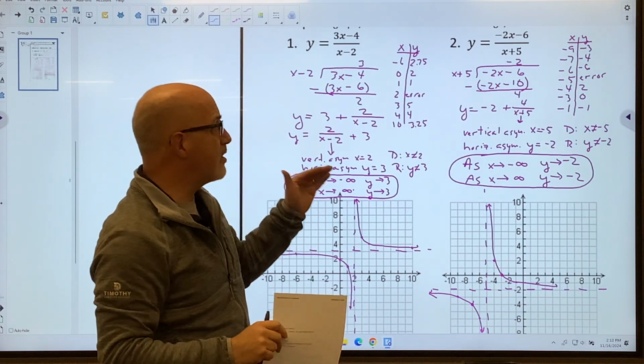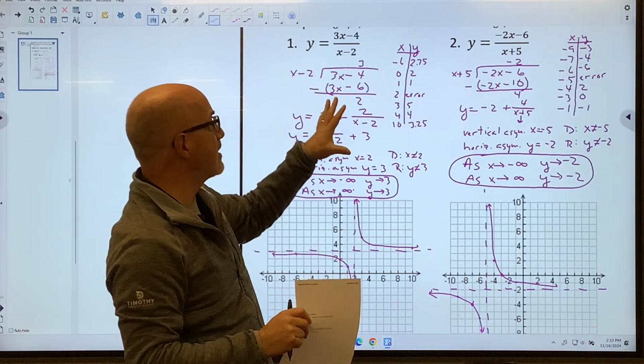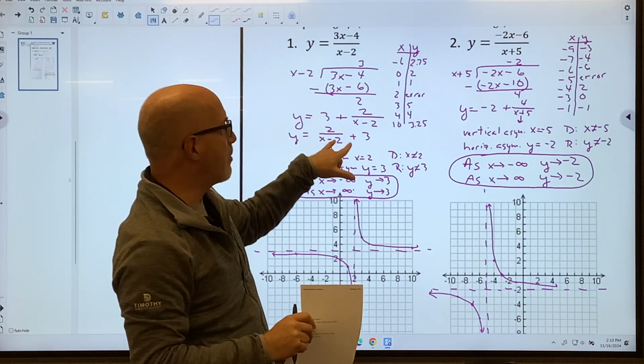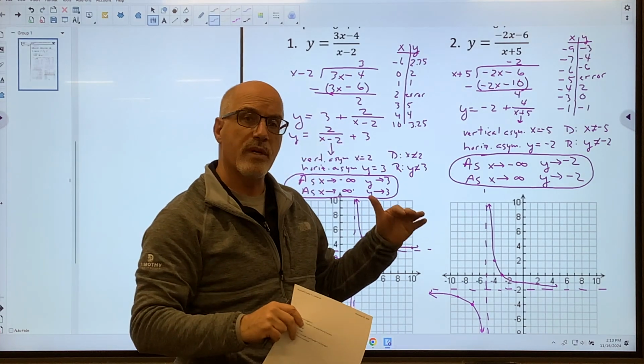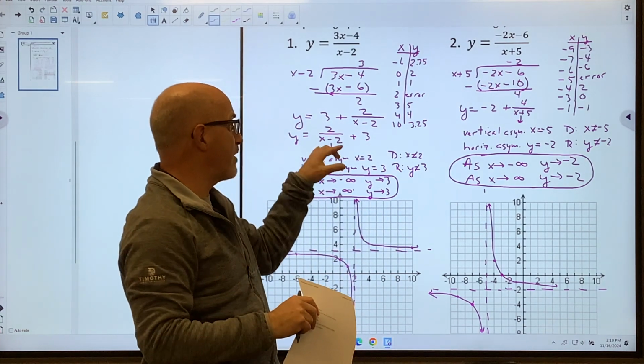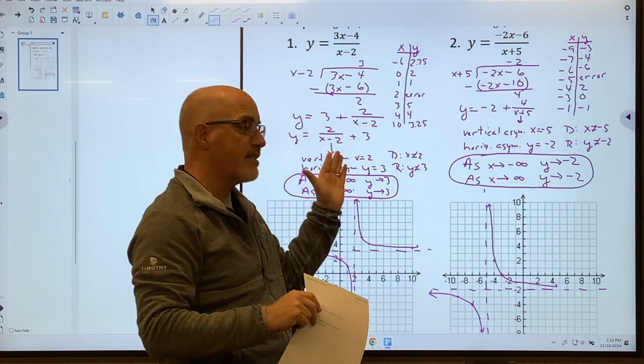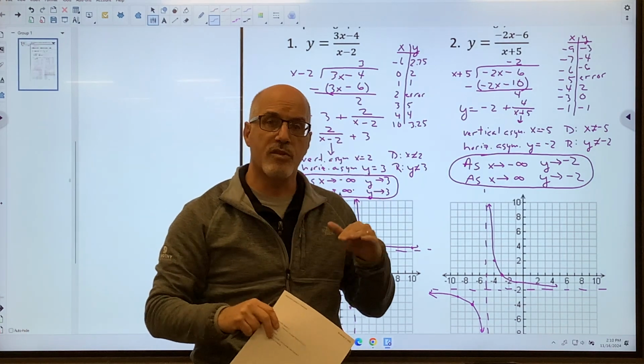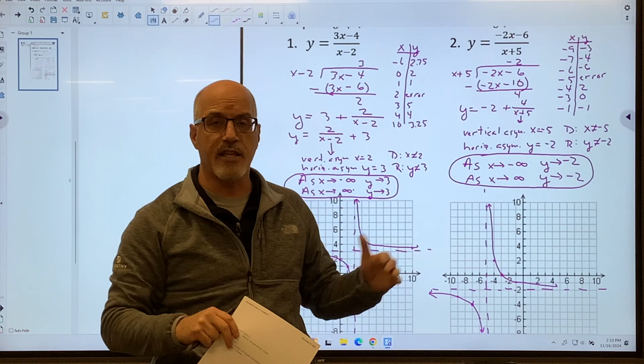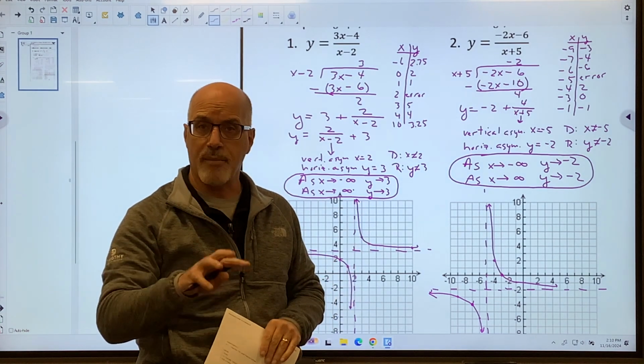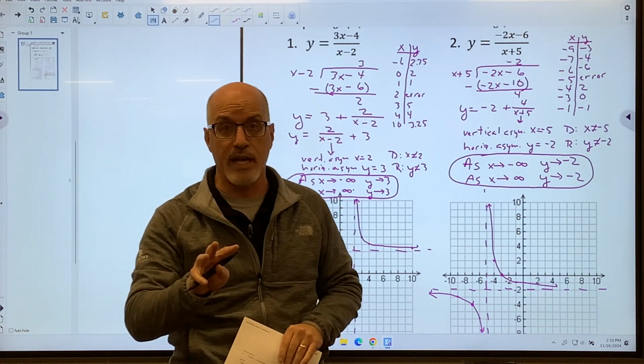So if we want to get it into this format where we graph it similar to what we've done before with a fraction plus a constant giving us these asymptotes, you have to do the polynomial long division to get that format. Then look at the denominator, that will give you your vertical asymptote.